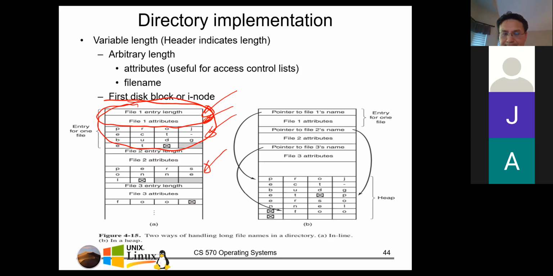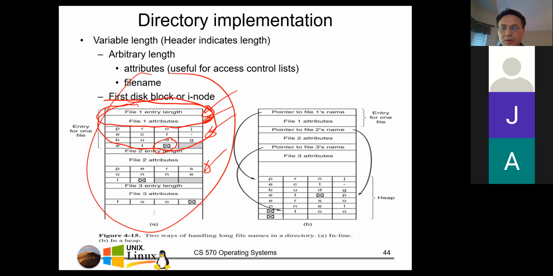Each file name in this scheme ends with a null character, just as the convention used in C programming. But a disadvantage of this method is that when a file is removed, you leave a variable sized gap in the directory.